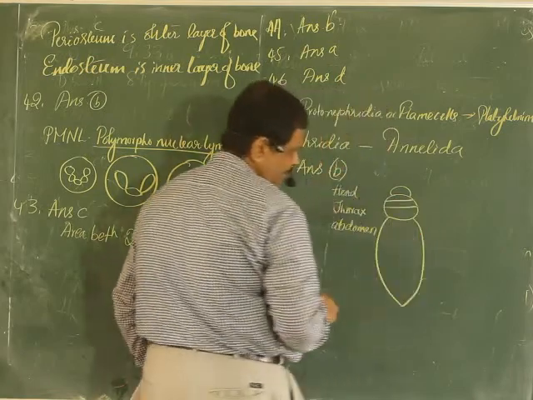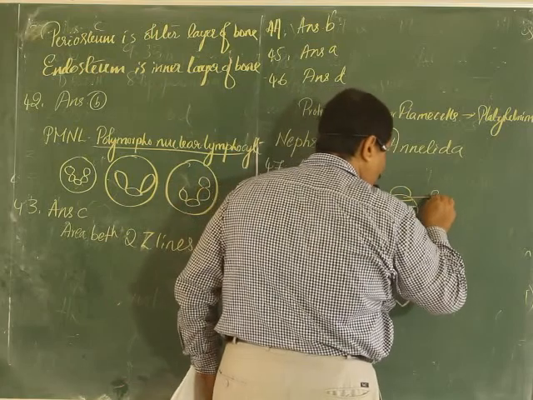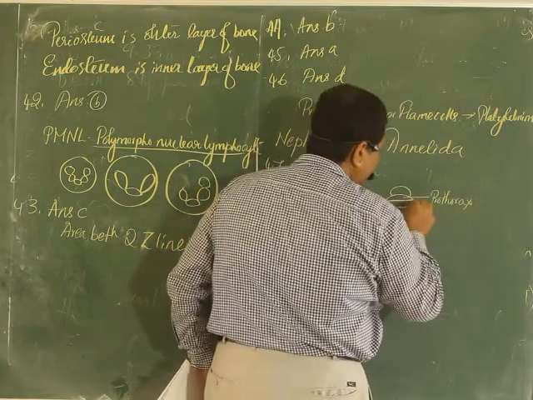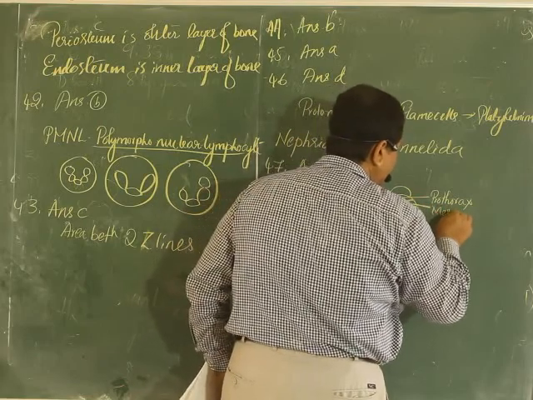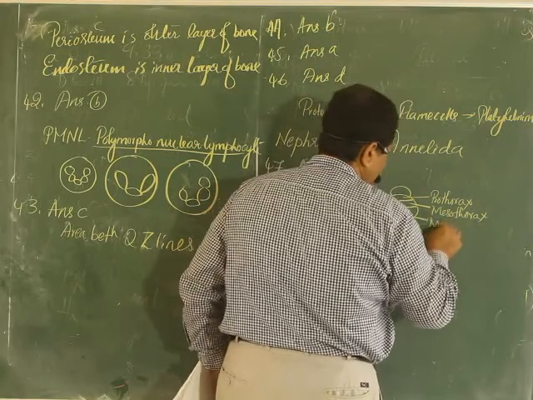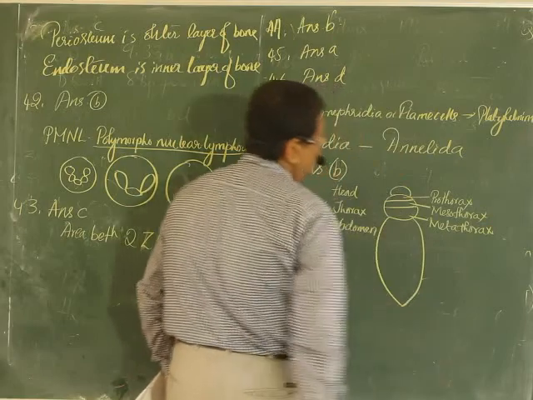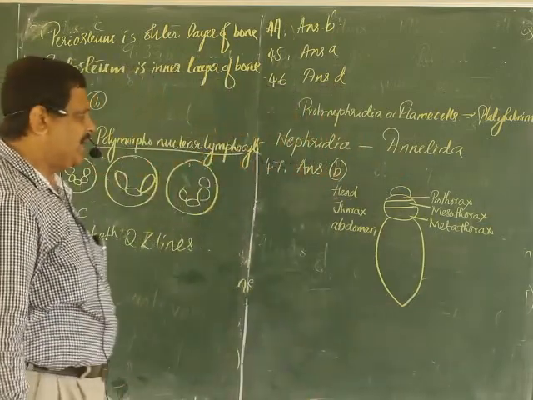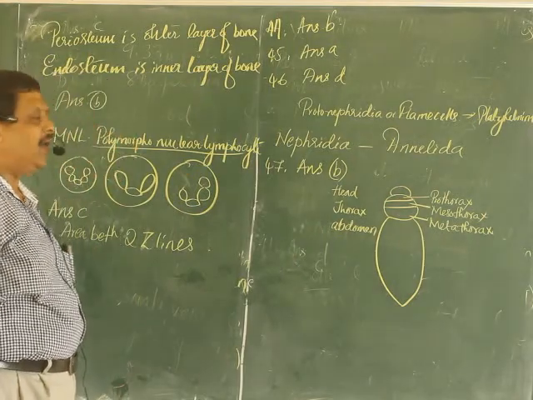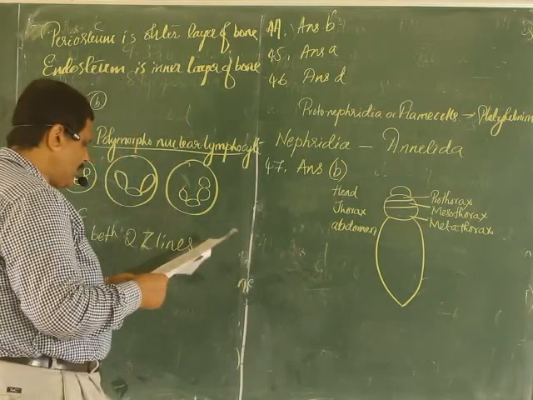They are called prothorax, mesothorax, and metathorax. So thoracic region: prothorax, mesothorax, metathorax. They are the 3 different regions that we come across in the cockroach.